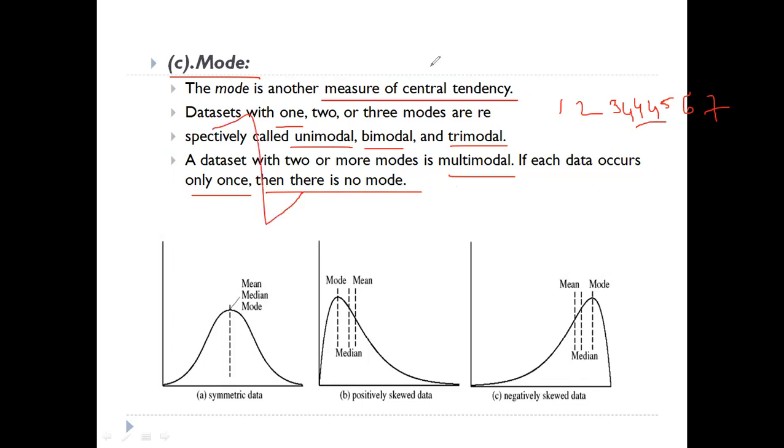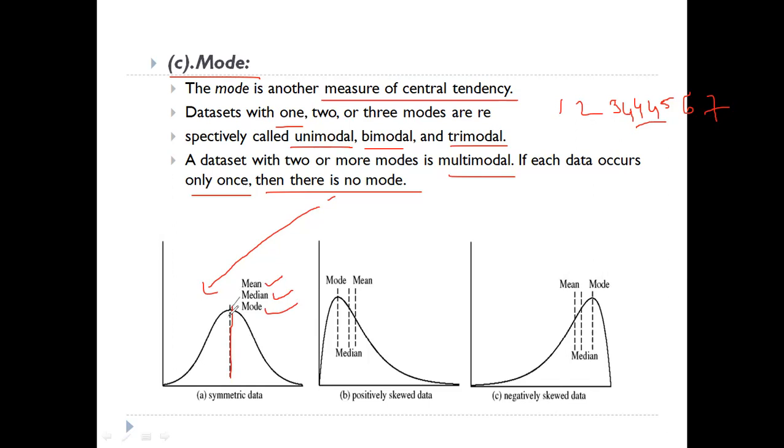That kind of data can be represented by using this diagram. The symmetric data representation is called the unimodal representation. In this unimodal representation, the mean value, median value and mode value, those three give the same result.